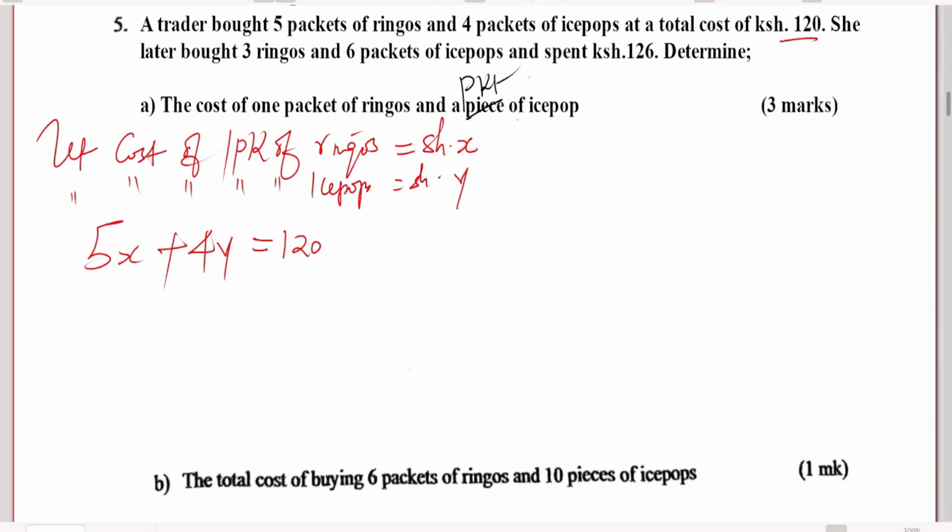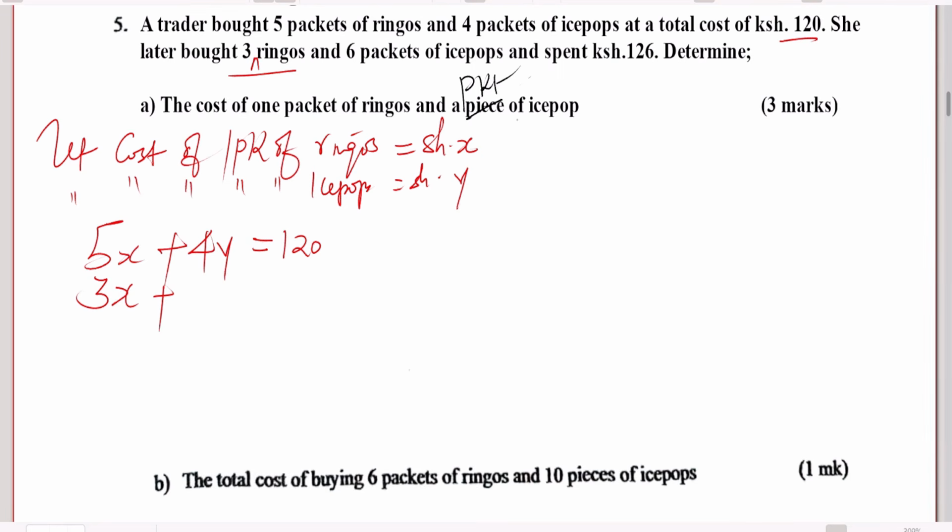So these will form simultaneous equations. Then she later bought 3 packets of Ringos. So this will be 3x, the cost of 3 packets, because 1 packet costs X shillings.